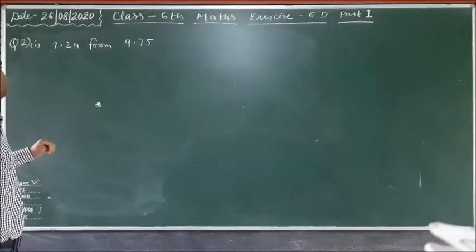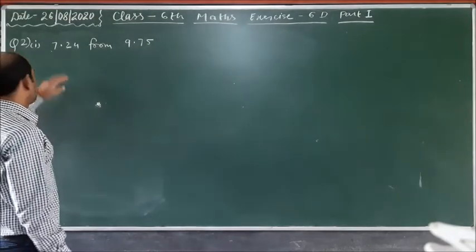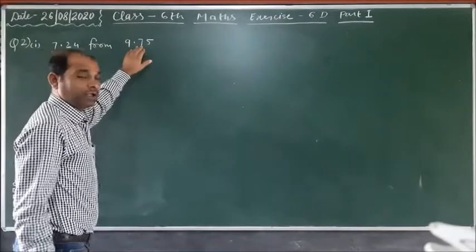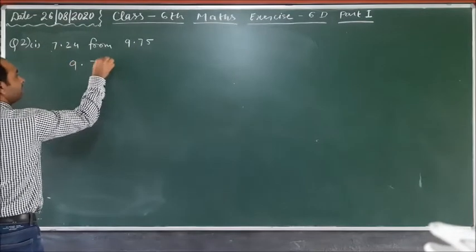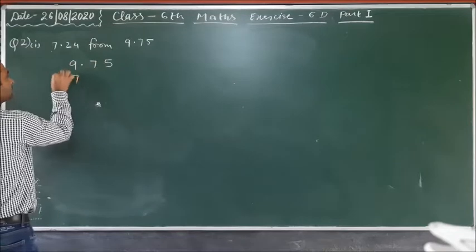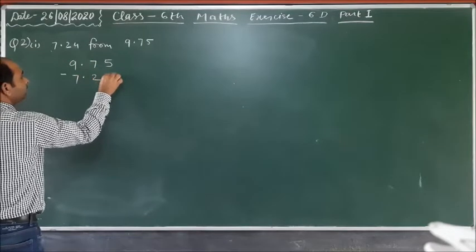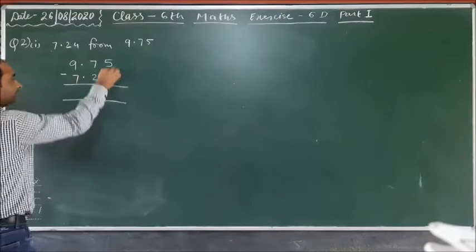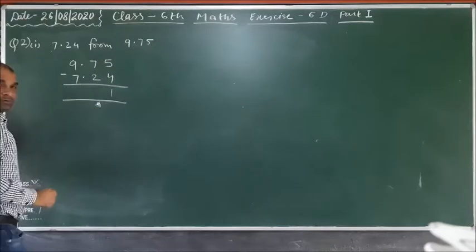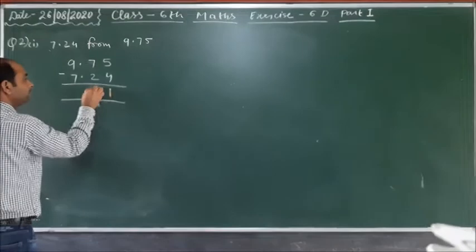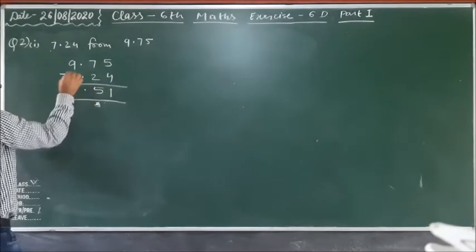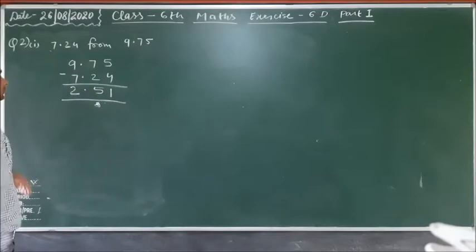From means we subtract this number from this number. Now 9.75 minus 7.24. Now 5 minus 4 equal 1. 7 minus 2 equal 5. And 9 minus 7 equal 2.